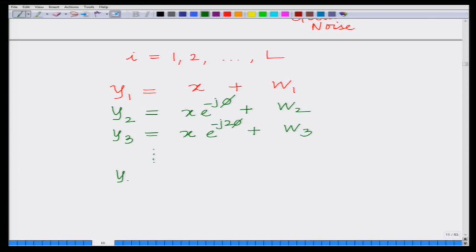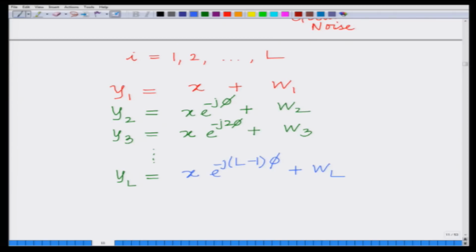I have yL equals x e to the power of minus j (L minus 1) phi plus wL. Okay, this is the system model, right.